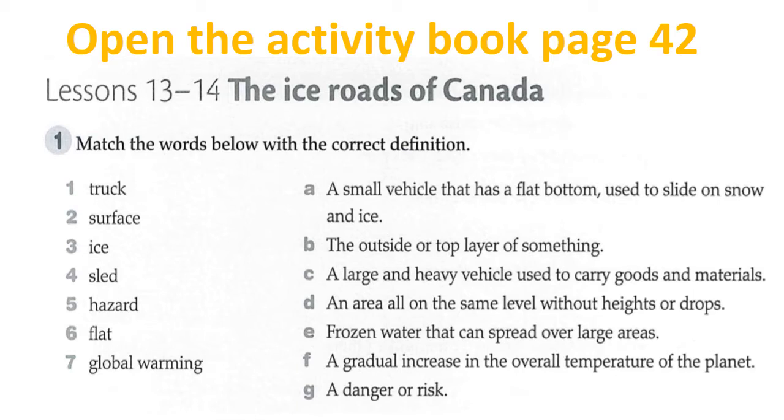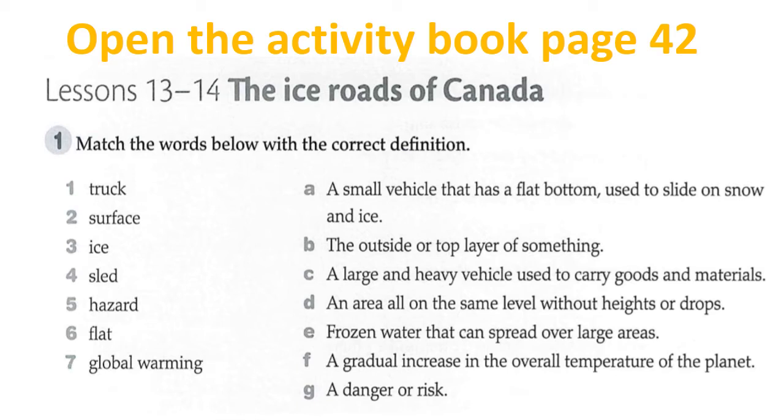E. Frozen water that can spread over large areas. F. Gradual increase in the overall temperature of the planet. G. A danger or risk. I think now you are ready to guess and try to match the word with the definition.